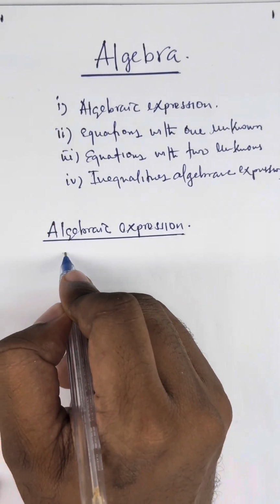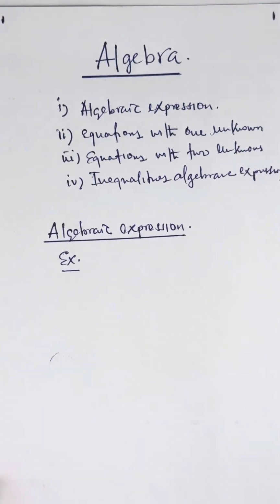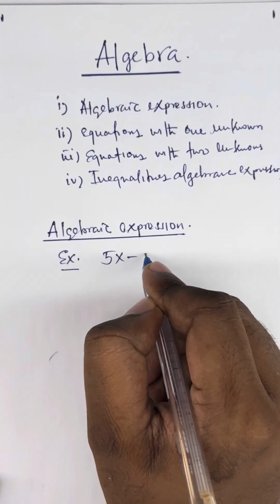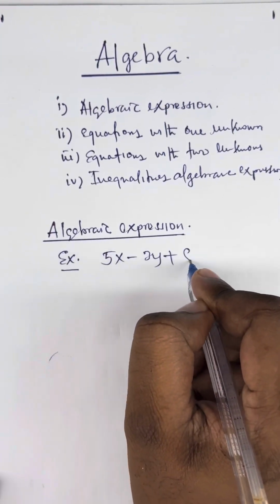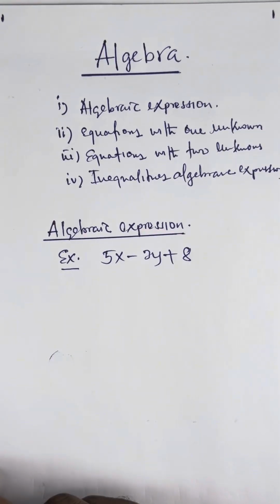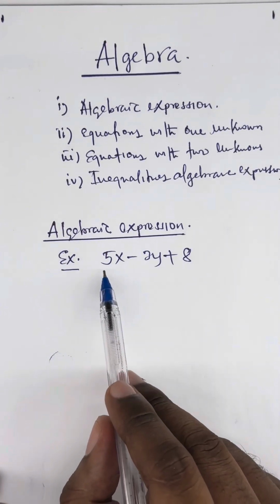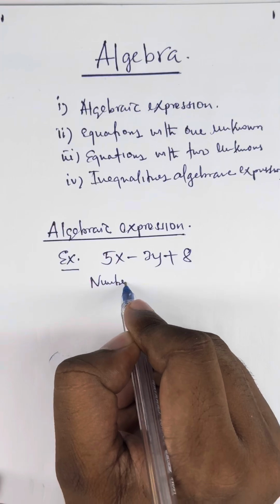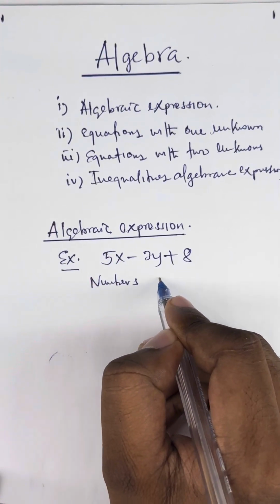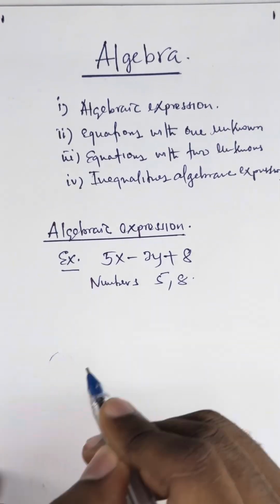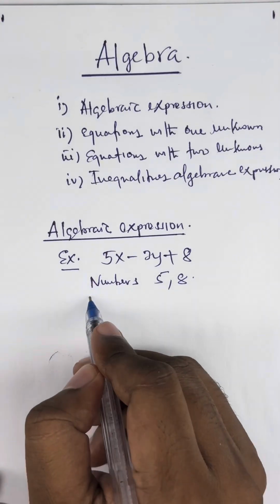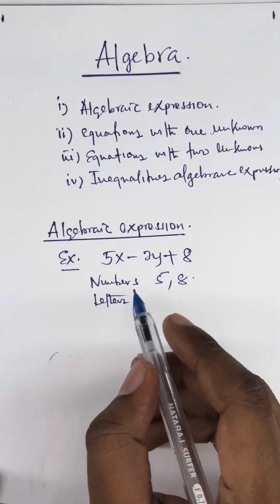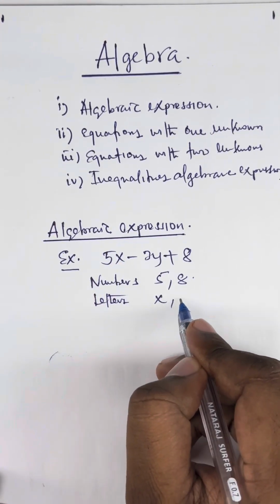Okay, so an example of an algebraic expression, let's say you have 5x minus 3y plus 8. This is an algebraic expression. First of all, why? It is made up of numbers. When you talk about numbers, you can see we have 5 and 8. When we talk about letters, we have x and y.